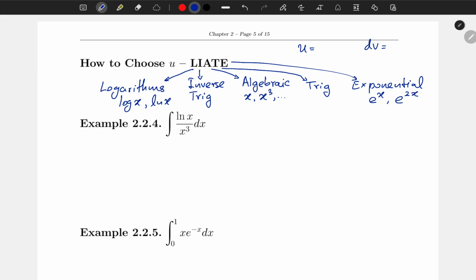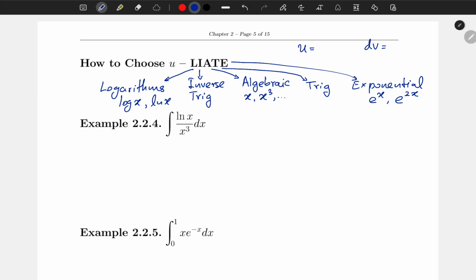Now, in your integral, look for functions and out of them, try to assign each function one of these forms, whether it is a logarithm, inverse trigonometric, algebraic, trigonometric, or exponential. And pick the first type as the variable u.